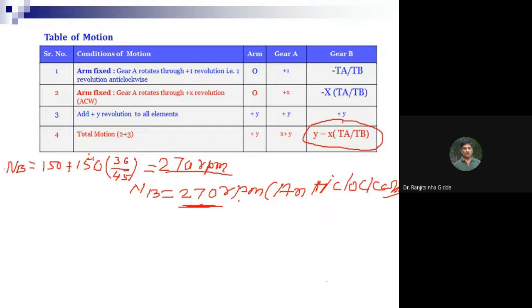Okay. Now one more part is remaining. Now I will erase this.